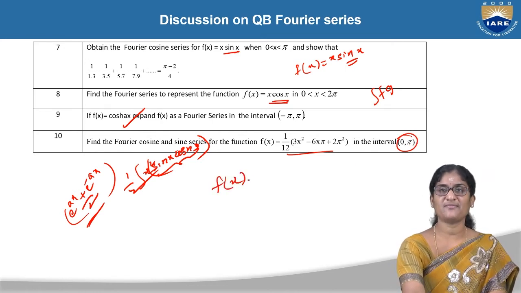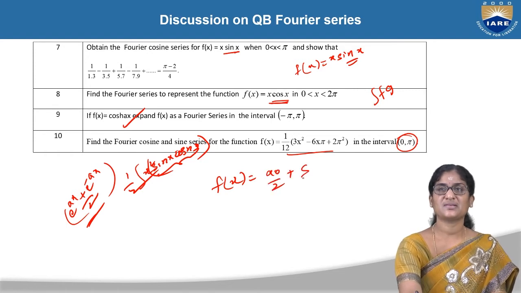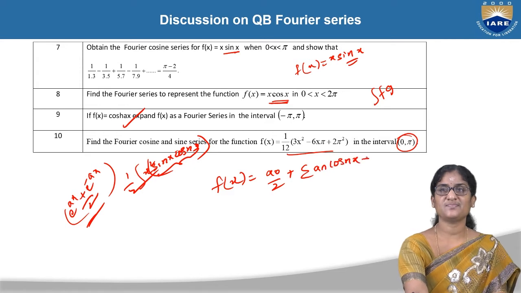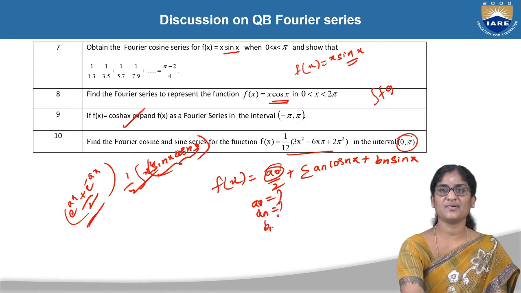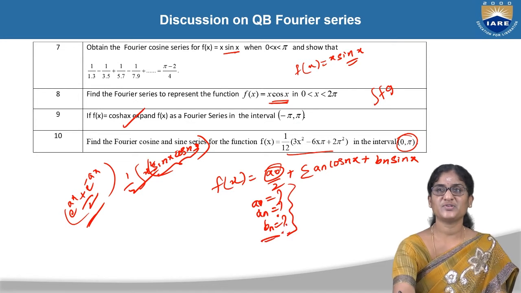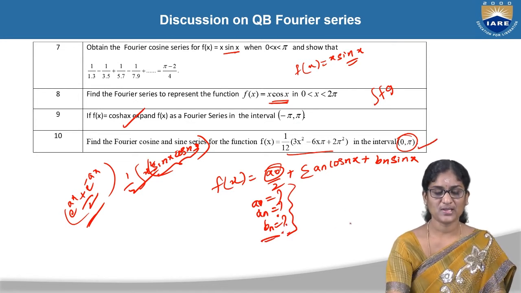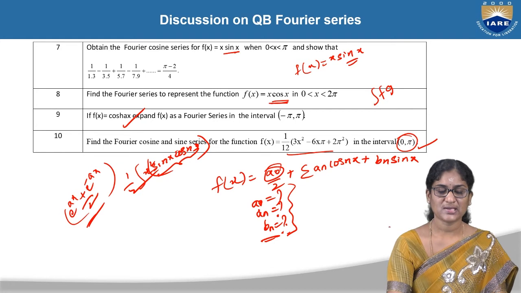Again you write the formula for the Fourier expansion, that is nothing but a0 by 2 plus summation an cos nx plus bn sin nx. So we need to find the three Euler values, that is a0, an and bn. We can find these three values and substitute them to get the Fourier sine and cosine series.